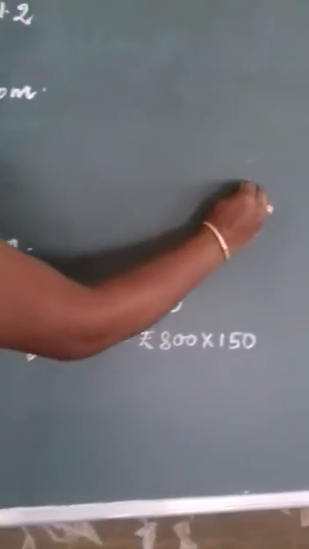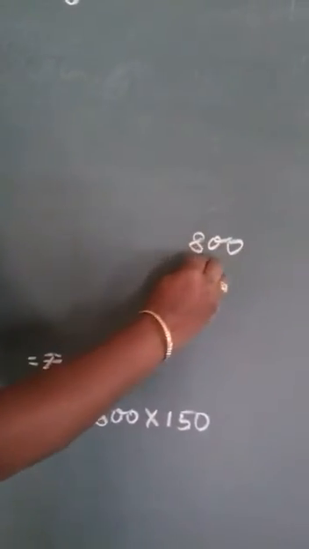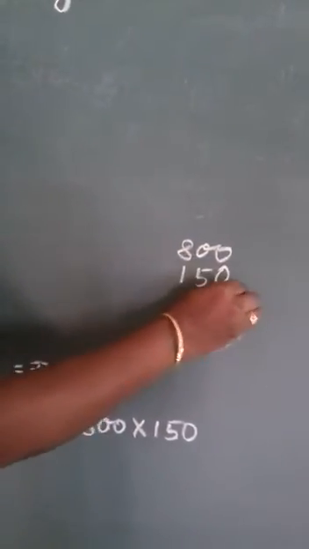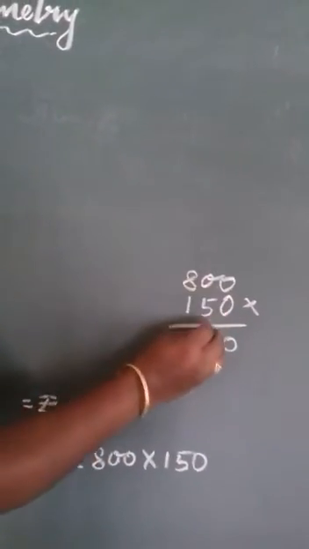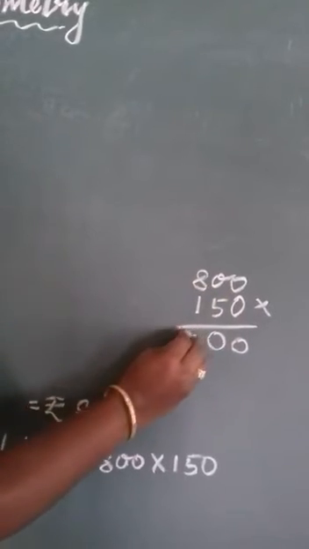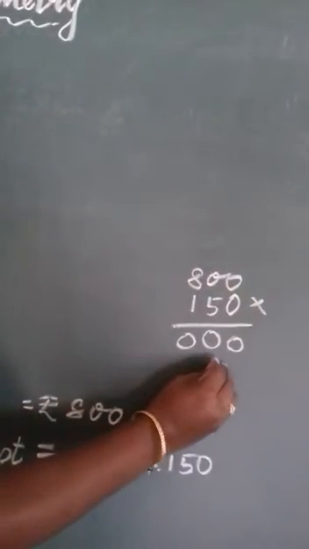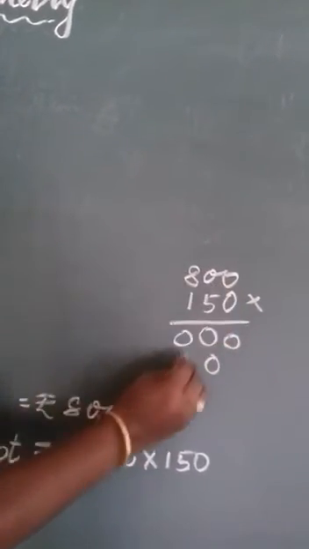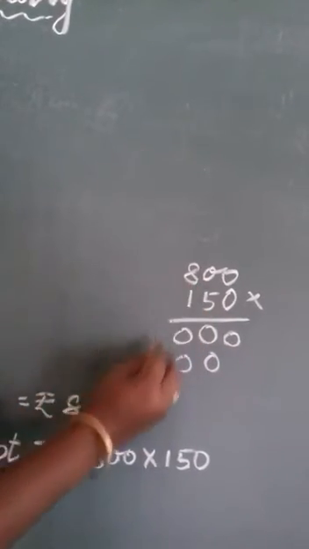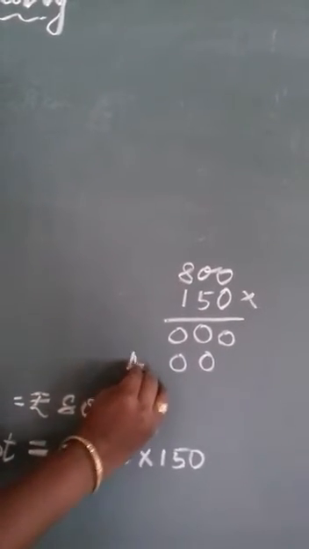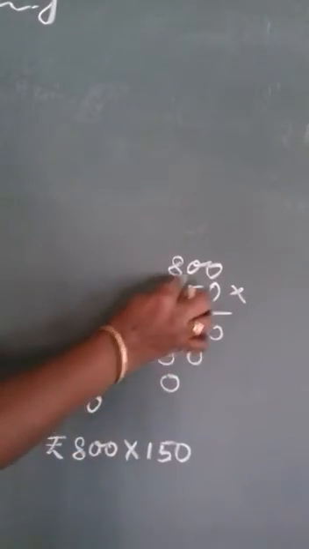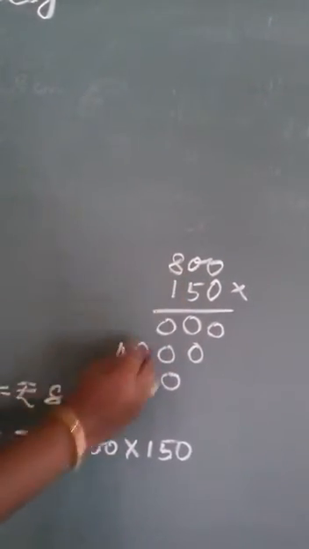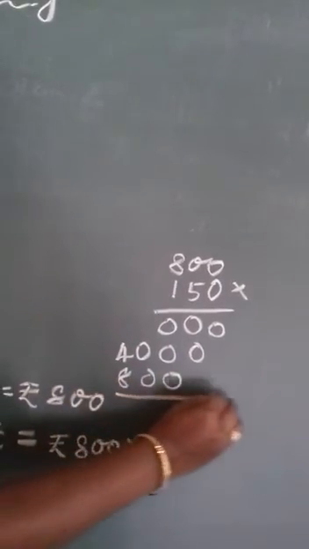So, 800 into 150. 0 8s are 0. 5 zeros are 0. 5 8s are 40. Next, 1 0 is 0. 1 0 is 0. 1 8 is 8.